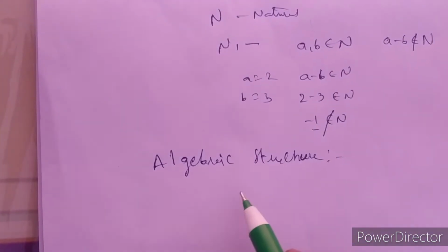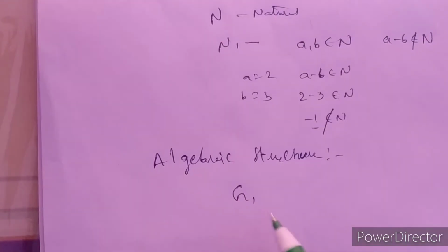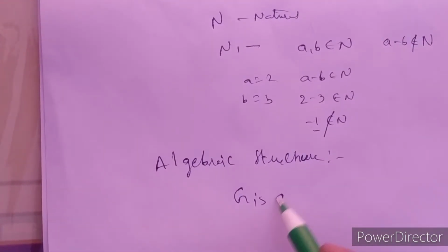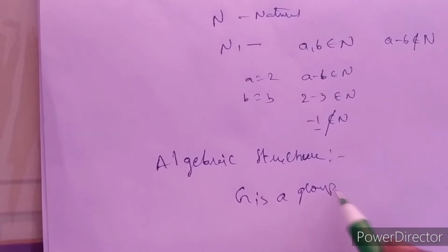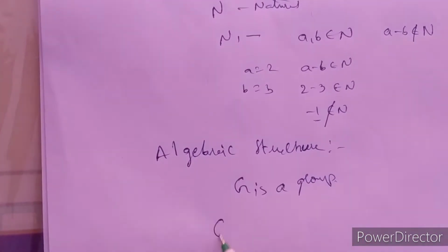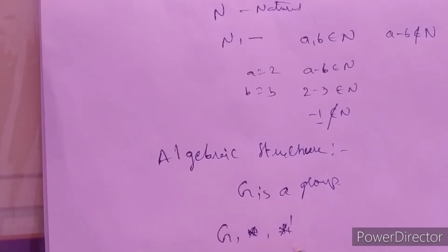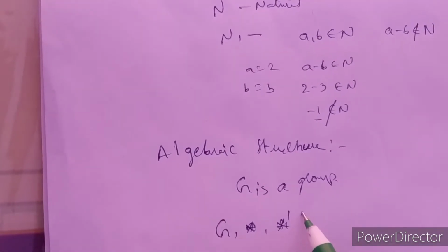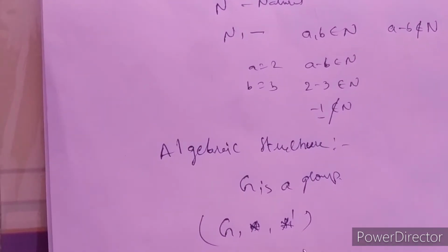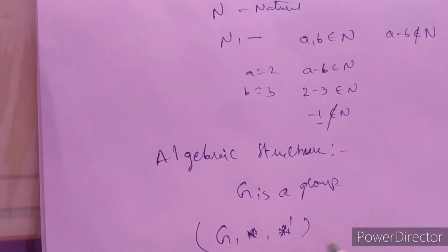What is algebraic structure? This is nothing but G is a group. If we do G star, this is called an algebraic structure.